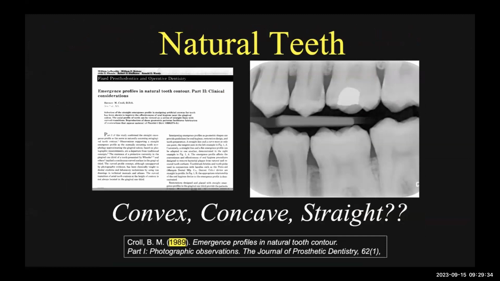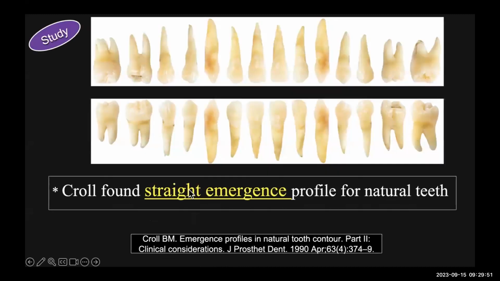So teeth are self-cleansing. They're easy to clean for most patients. What is the ideal emergence profile? Is it convex? Is it concave? Or is it straight? Kroll in the 80s evaluated that in multiple studies, and what he came up with is that natural teeth have a straight emergence profile.